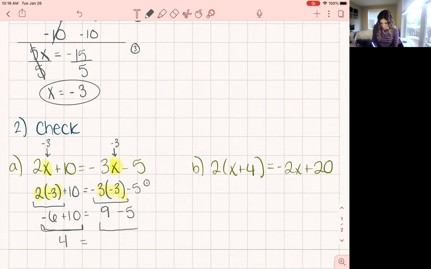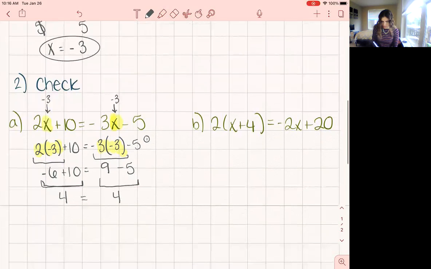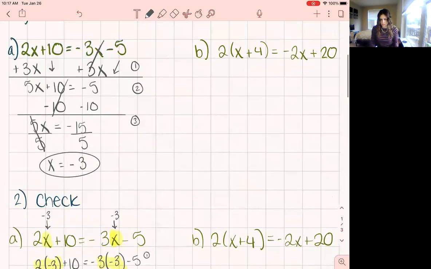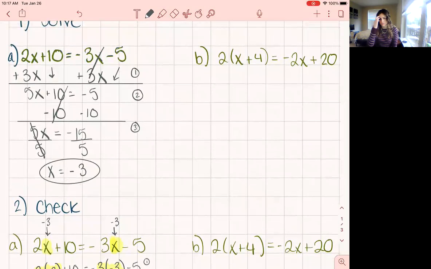And 9 minus 5 is also positive 4. Because the left side and the right side are the same, we can check it off and say, yes, our answer was correct. If our answer had been incorrect, we would have gotten different numbers on both sides of the equal sign.